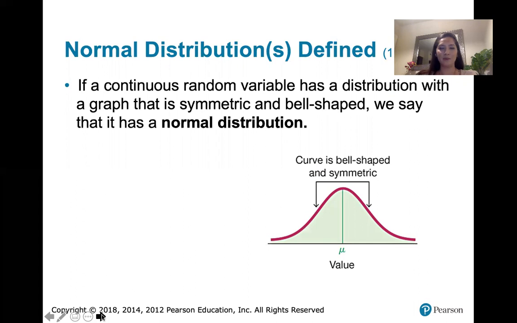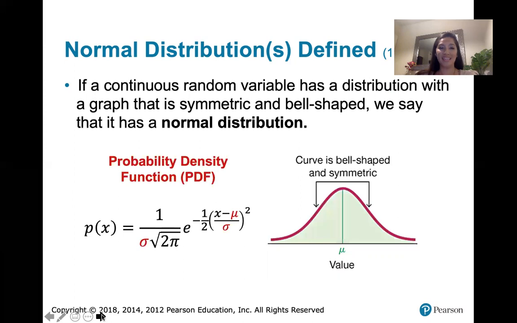Now, if the probability density function for a continuous random variable is given by this, then we say it has a normal distribution. Now, you will never use this in this class. I just wanted to show you there is actually a function that corresponds to this curve. Every value of that continuous random variable corresponds to a height of that probability density function.